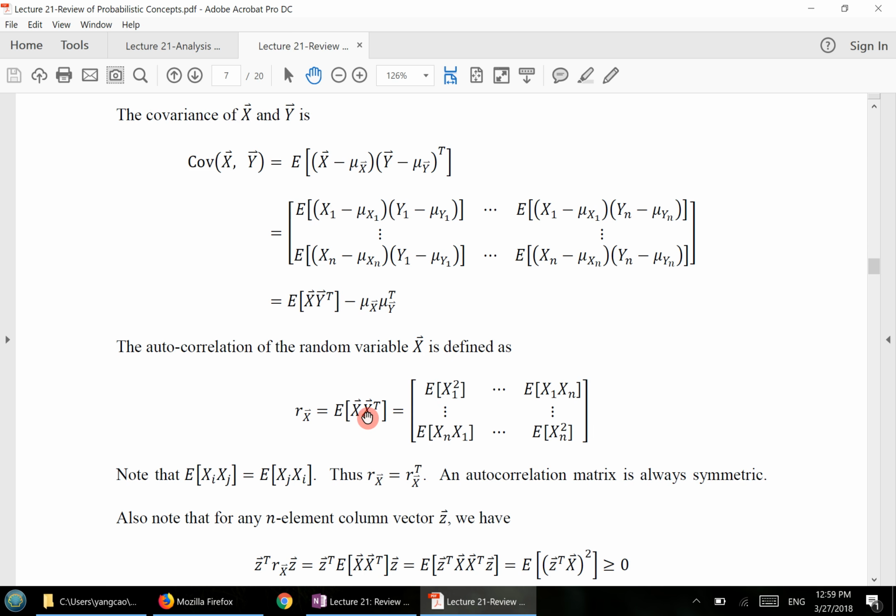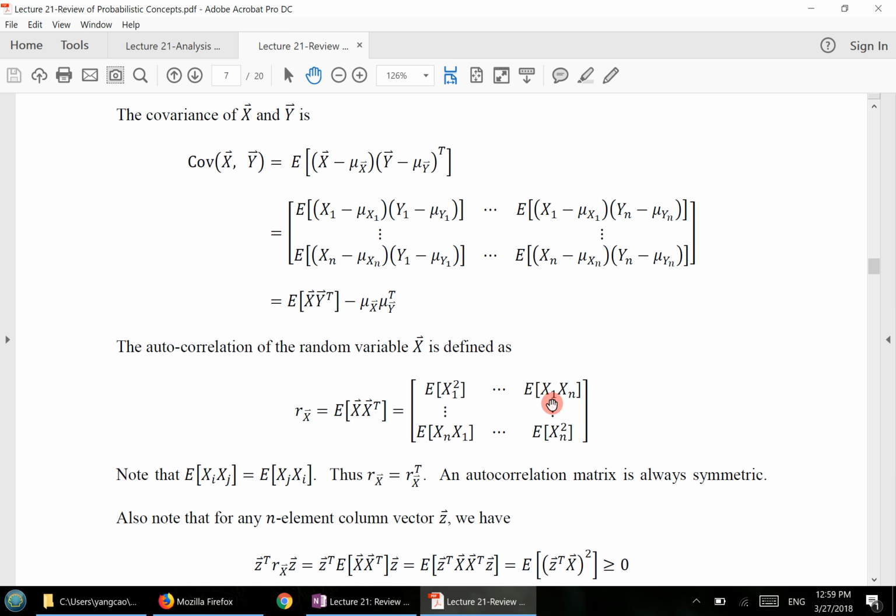Basically, you're calculating the correlation of the random vector with itself, so x times x transpose, and you get a matrix like this. As you can see, the diagonal is all about itself, so x1, xn, and then the off diagonal is x1, x2, and so on.